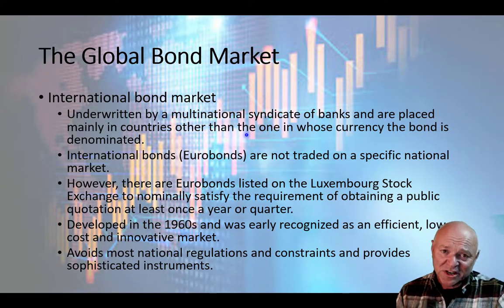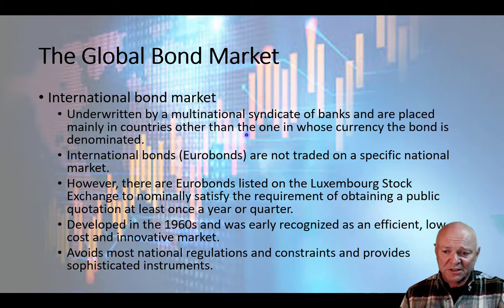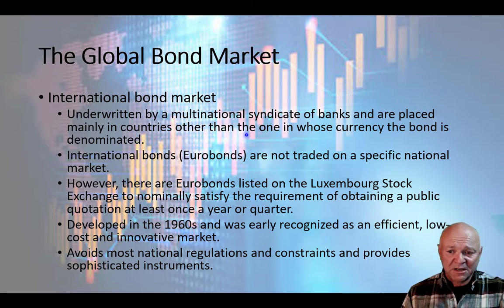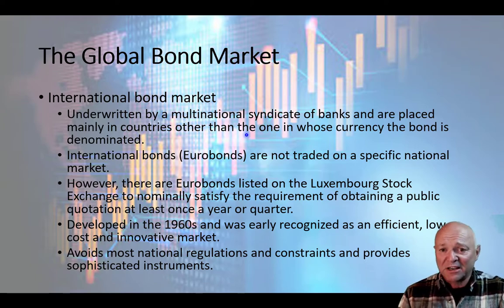We also see there is an international bond market where companies can raise funds simultaneously in multiple countries. Essentially, these tend to be regarded as euro bonds because they're denominated in a foreign currency. So euro bonds is a generic catch-all for all bonds denominated in any currency outside of the home market.